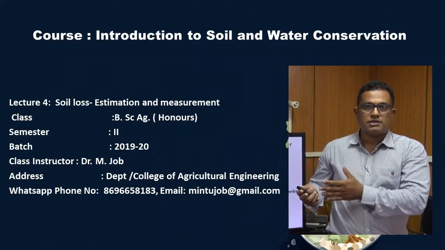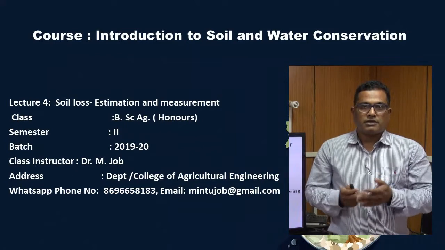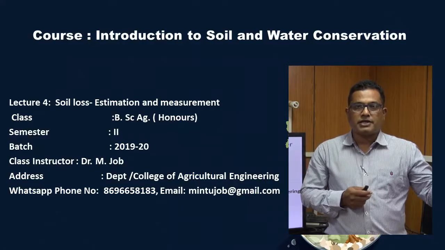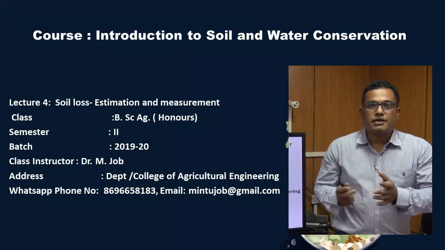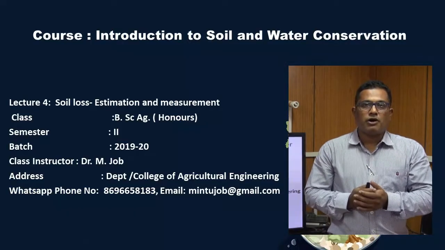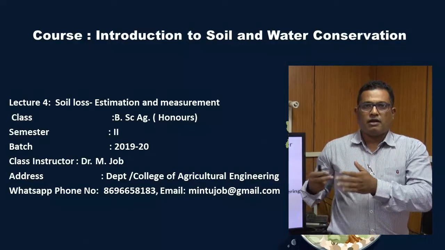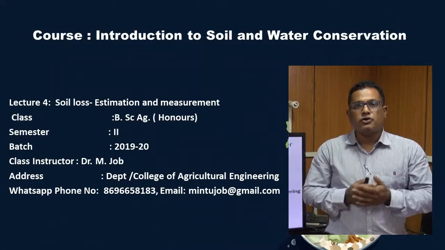How? If we know the bulk density of the soil, supposing the place under consideration is sandy type, and sandy soil has a bulk density of more or less 1.5 gram per cubic centimeter. If it gets converted into kg terms, it is 1500 kg per cubic meter.